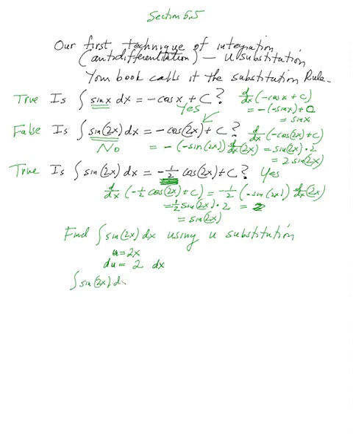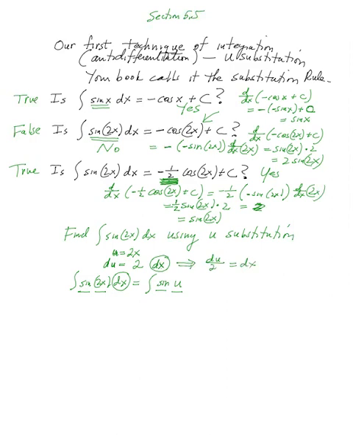Now, my problem is now the antiderivative of sine u, right? Sine 2x is sine u because u is 2x. Now, what's this dx here? Look, here's the dx. That's du over 2, right?